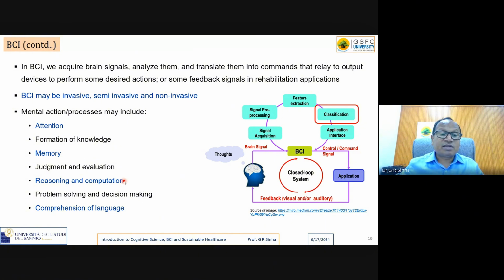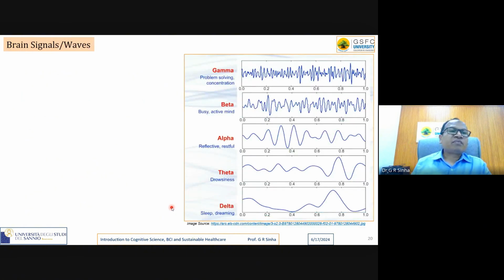Reasoning and computation ability, problem solving ability, decision making ability, comprehension of language. You can comprehend, you can understand the language. All these are mental actions or mental processes that could be easily studied with the help of brain machine interface.